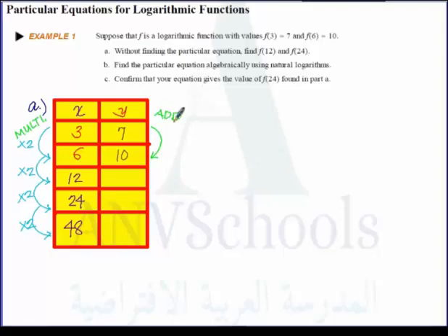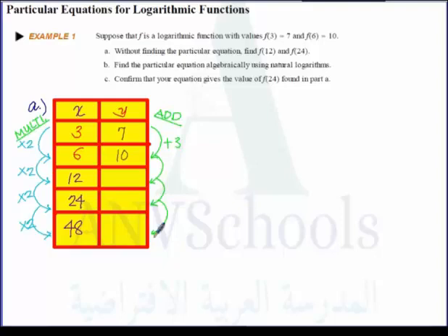So 7 going to 10 is actually an addition of 3. Therefore, we are going to add 3 to the succeeding cells.